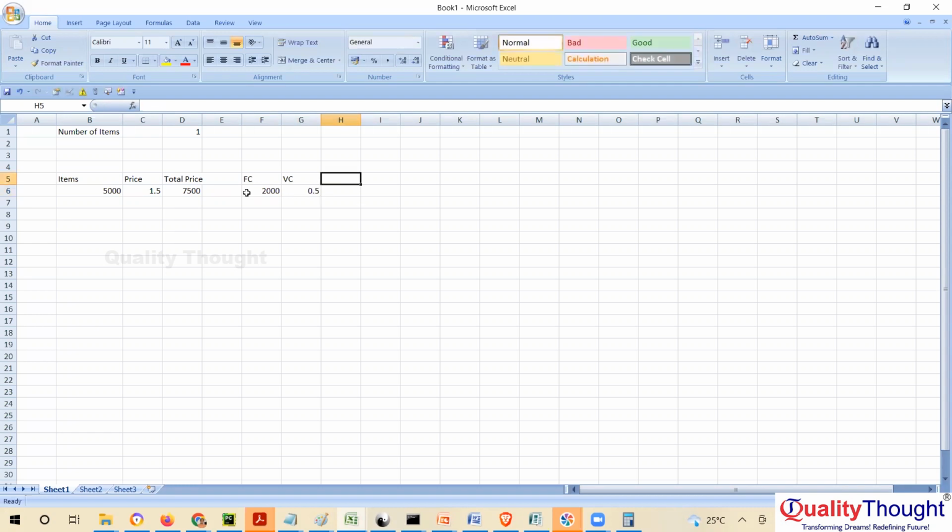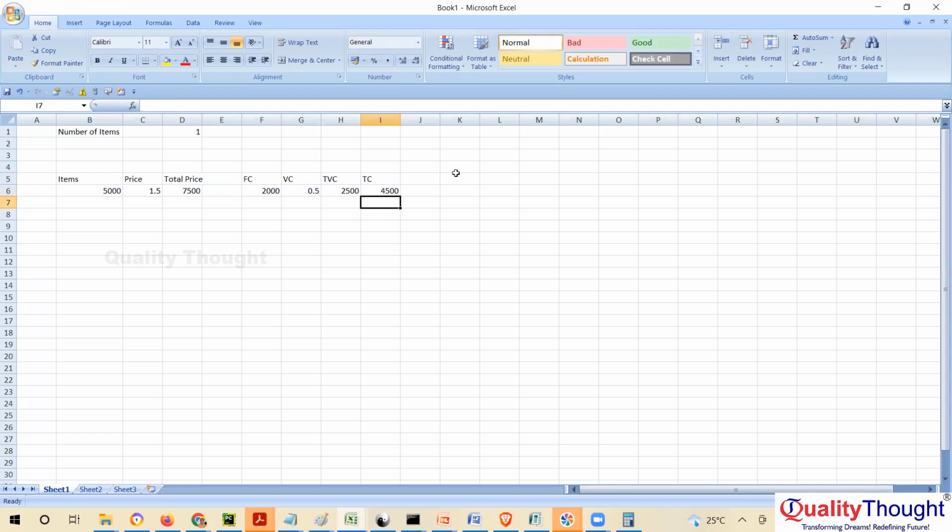Now your total VC, TVC, will be N into 0.5. And total cost TC is going to be this plus your fixed cost.